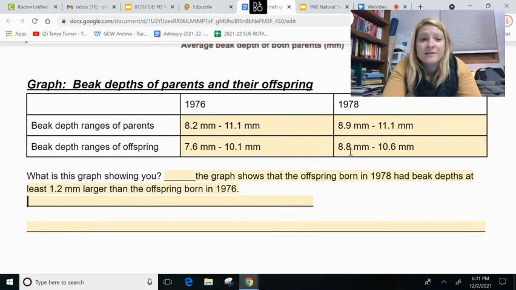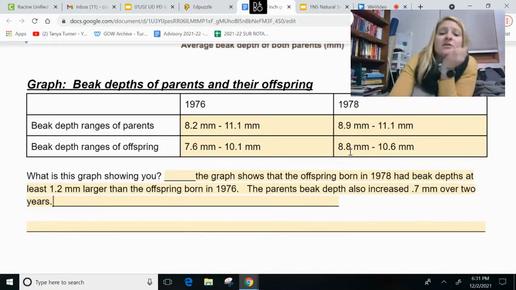And then we can talk about the parents. So the parents' beak depth also increased, what did I say, 0.7 millimeters in over 2 years, sorry. So it should be something like that.